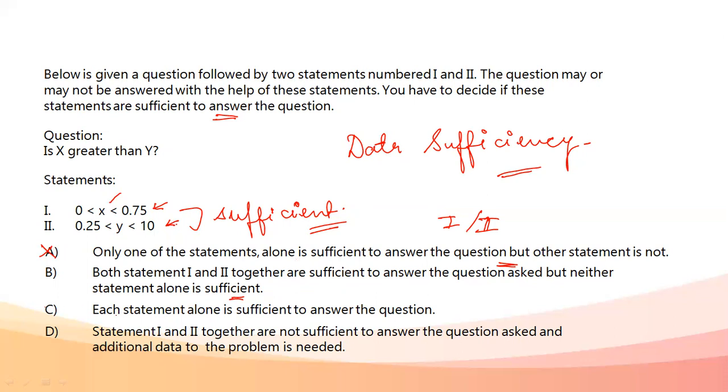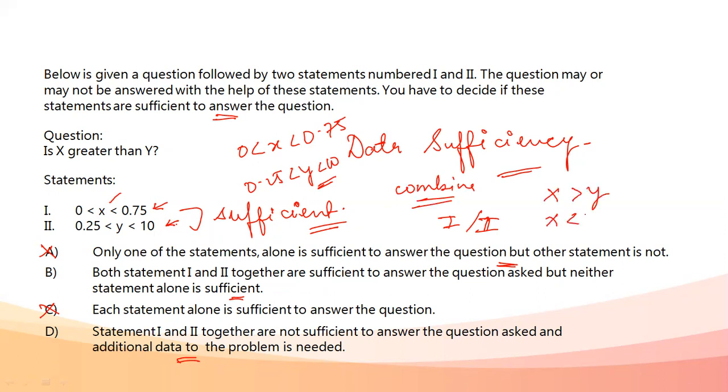Now look at C. C says each statement alone is sufficient to answer the question, which is not the case here. Alone, I cannot get any answer. And the next option says statements 1 and 2 together are not sufficient and additional data is required. Now, when I look at 0 less than x less than 0.75 and 0.25 less than y less than 10, if I pick values of x and y from this range and combine them, then I can say whether x is greater than y or less than y.